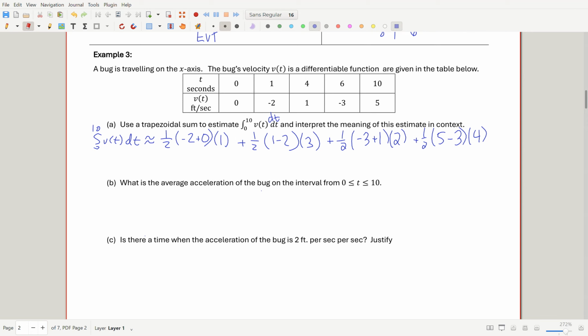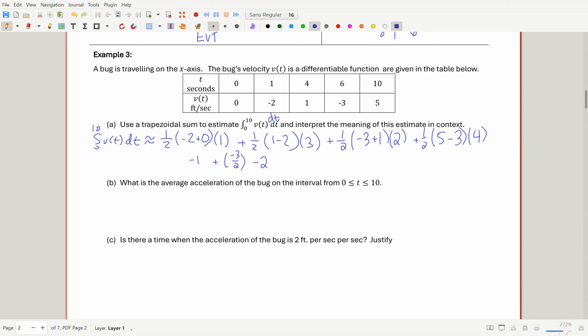So this guy looks like it's -1, right? We've got 1/2 times -2 plus 0 times 1. None of that does anything. So we've got a -1 plus, this does not feel like it's going to give me a whole number. So I've got -1 times 3, -3 halves. -2 times 2 is -1, divided by 2 is -1, times 2 is back to -2.